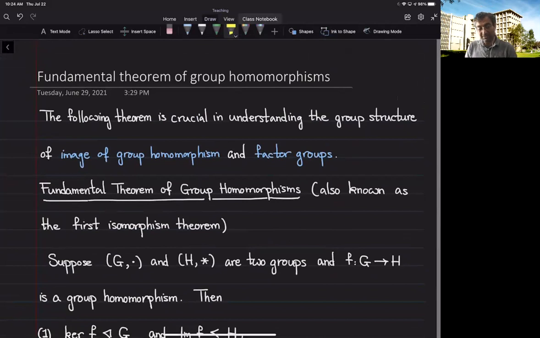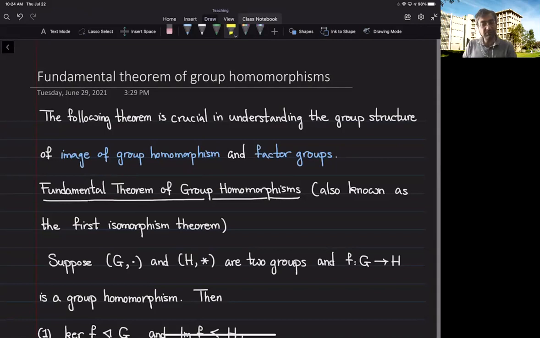And another reason is that we have similar results in ring theory, in module theory. And so in 103B, you will be learning about the first isomorphism theorem for rings, for systems of numbers that have two operations, addition and multiplication.